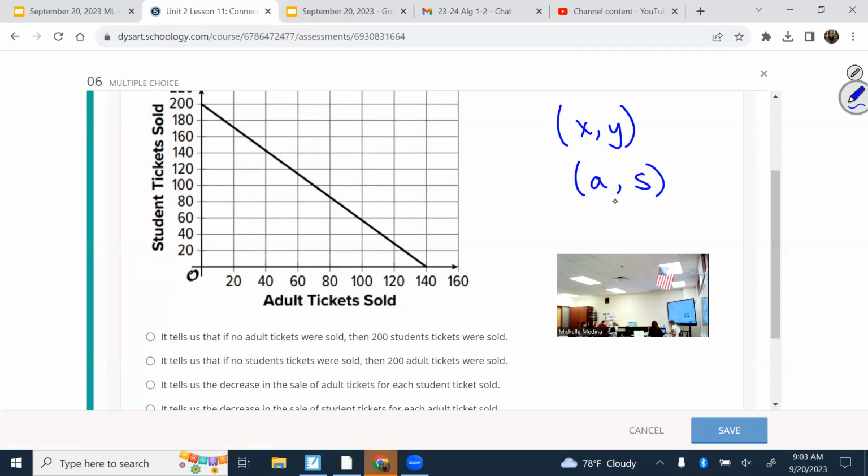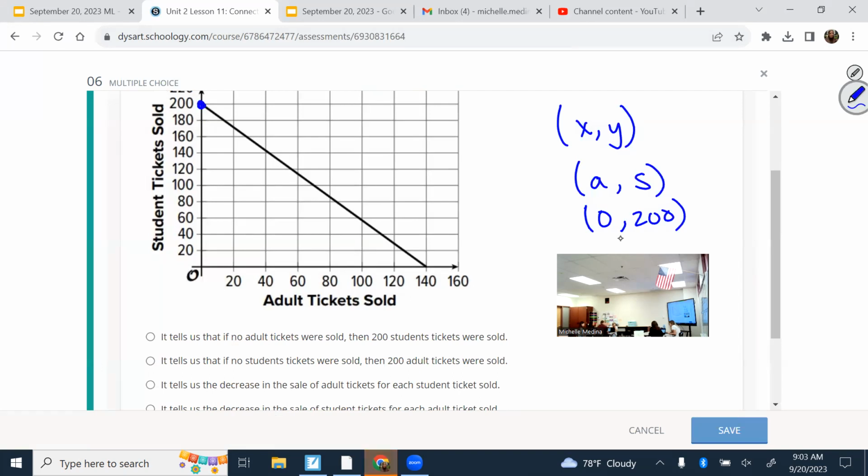So if no adult tickets were sold, that means adult tickets sold was 0, then 200 tickets were sold. So if this coordinate is on the graph, then we might be able to pick that one. Is it on the graph? 0, 200?